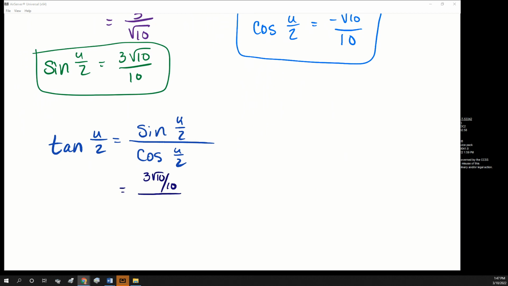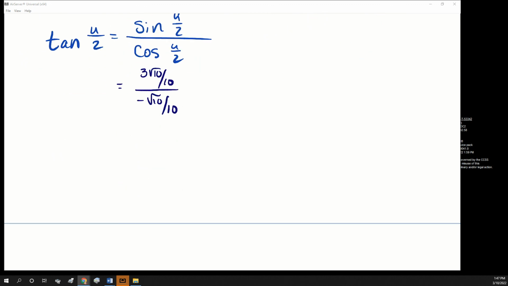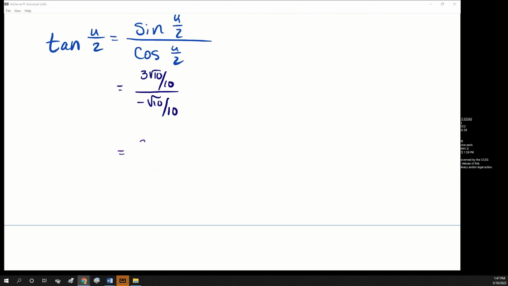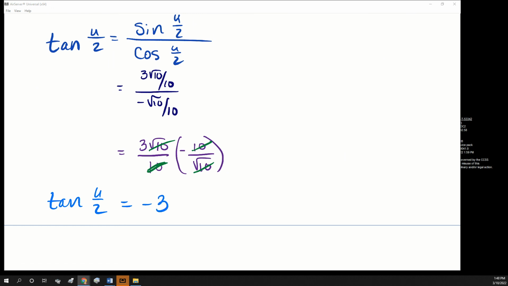In the place of cosine of half of u, negative square root of 10 over 10. And then to divide by a fraction, we're going to multiply by the reciprocal. And then lots of stuff cancels out. So these 10s, the square roots of tens. And so what we're left with for the tangent of u over 2 is just -3.